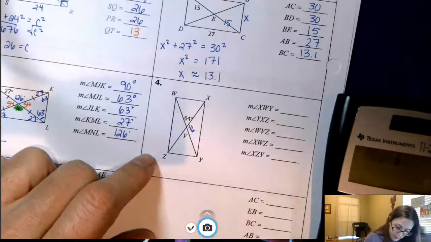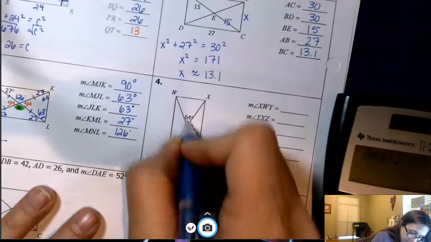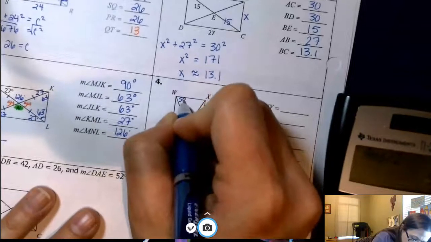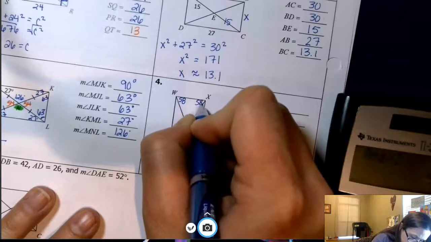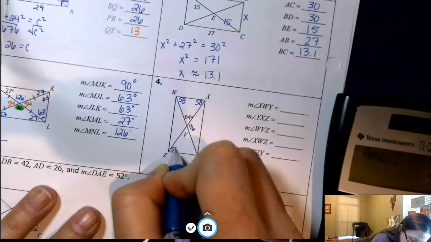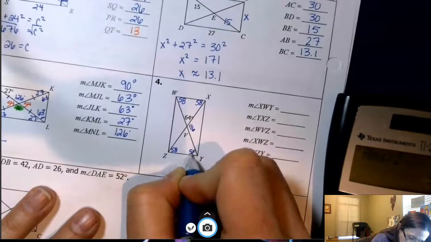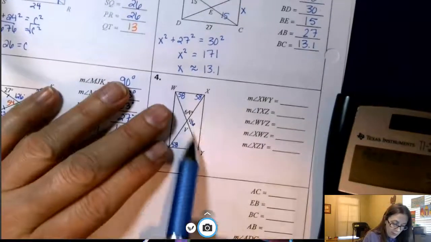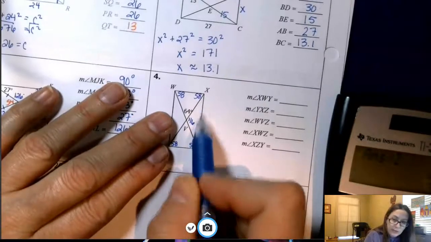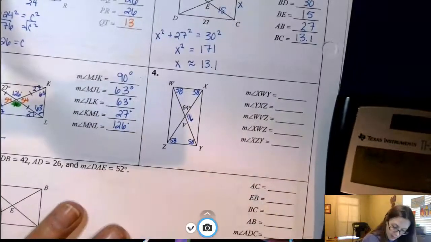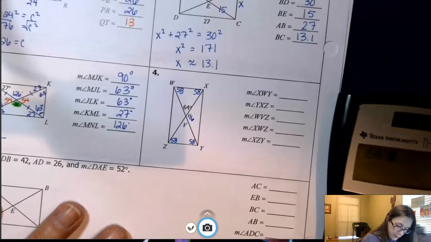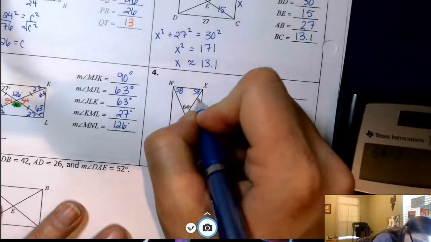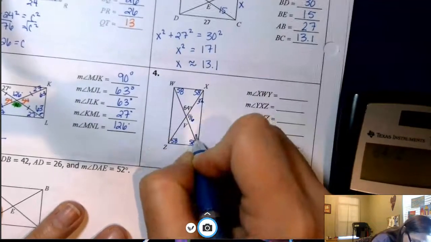I'm going to divide it by 2. If I divide 116 in half, I end up with 58 here and here, which means those are going to be the angles here and here as well. Well, now, if I did 116, subtract that from 180, I'm going to have to divide by 2 to divvy it up because, again, it's an isosceles triangle. So 64 divided by 2 is going to give me 32 here and 32 here.